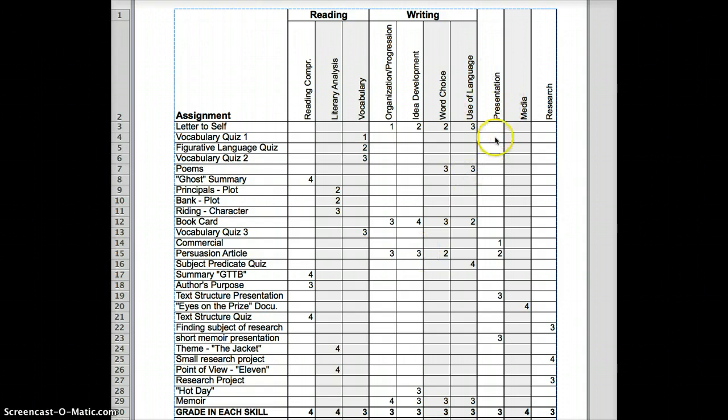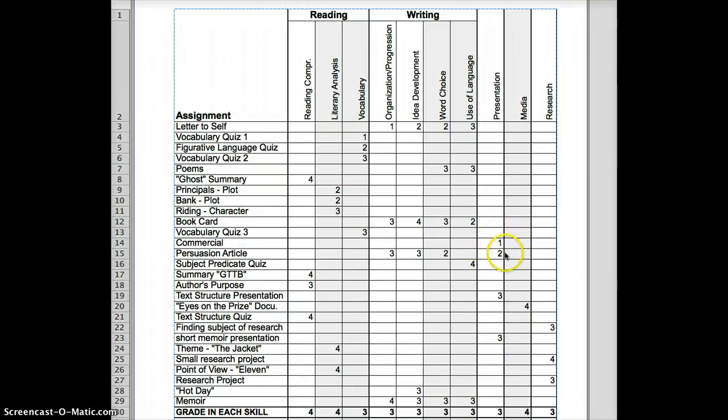One more skill. We're going to take presentation. Presentation, student did terribly the first time. Now this would devastate a student, except for the fact that they'll have more chances to do presentation. We're pretty scared of doing presentations as human beings, and so the first time I don't expect students to do well.